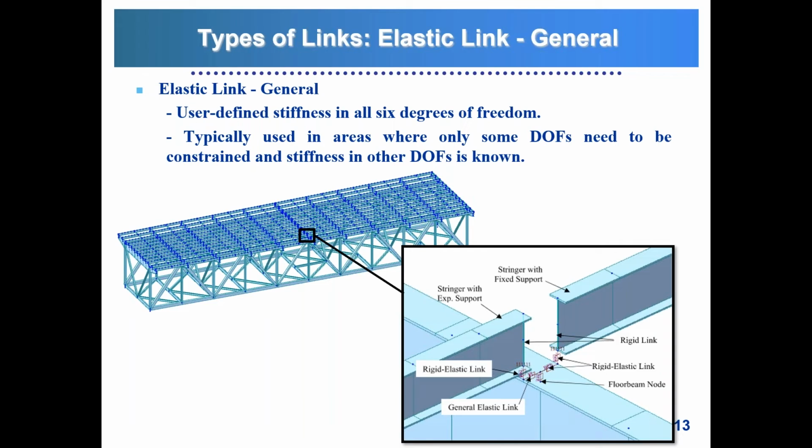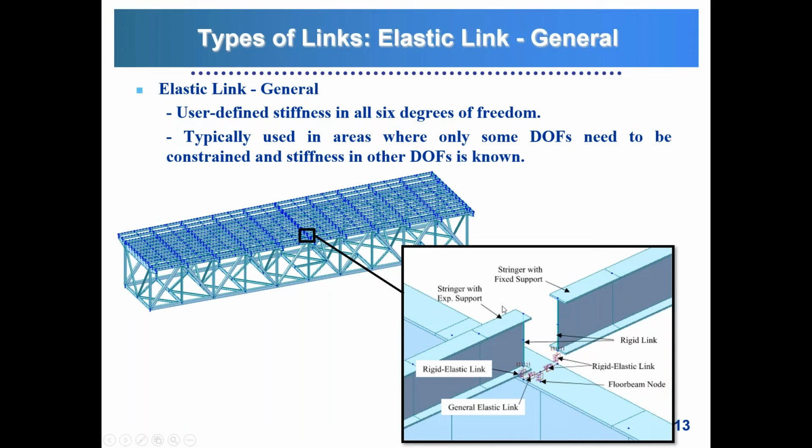So, for example, an area where we have used these types of links is this truss bridge where we have the stringers connected to the floor beam. On this image, basically, this stringer on the right has a fixed support on the floor beam. The one on the left has an expansion support on the floor beams.